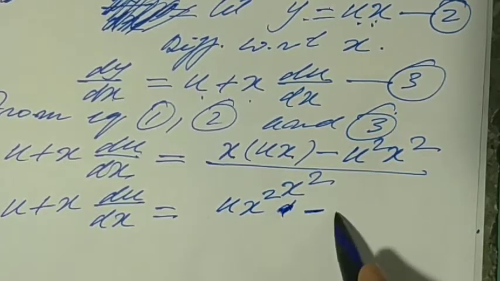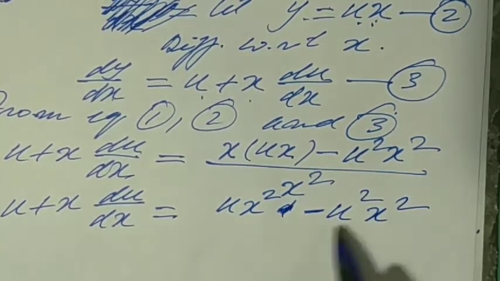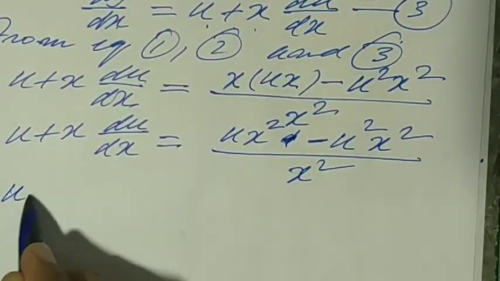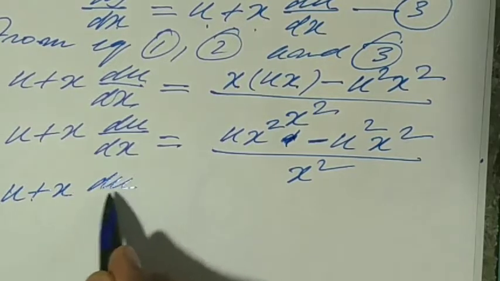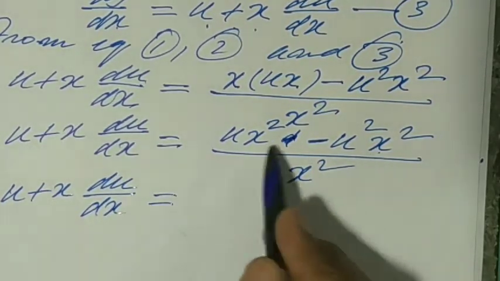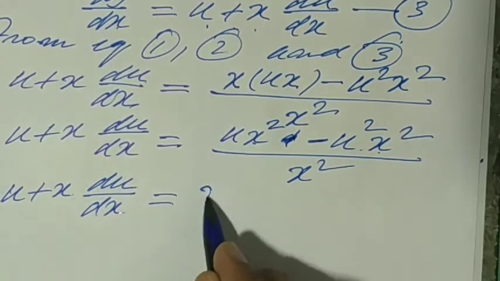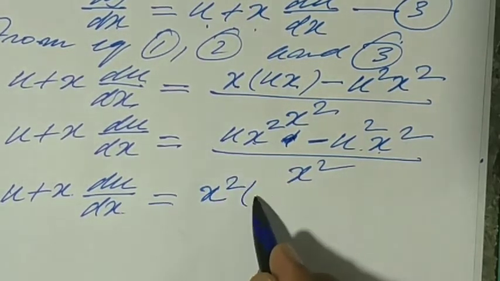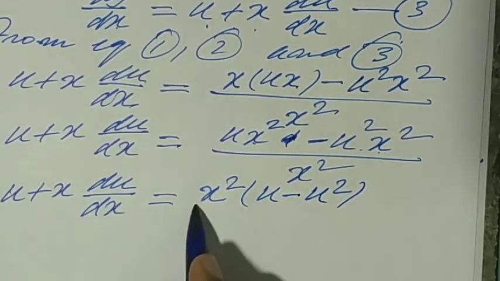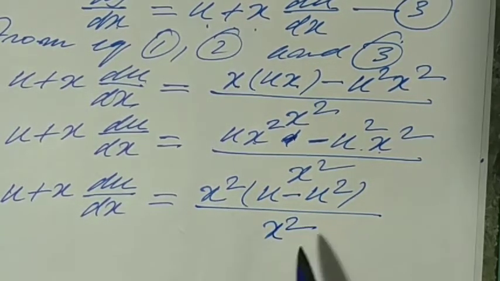minus u square x square upon x square, or u plus x du upon dx is equal to, we may take x square common out of these two terms. So x square common, in the bracket we have u minus u square, divided by x square.